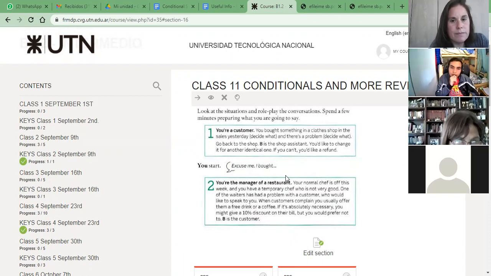Number 1 says, you are a customer. You bought something in a clothes shop in the sales yesterday. And there's a problem. Decide what. Go back to the shop. B is the shop assistant. You'd like to change it for another identical one. If you can't, you'd like a refund.